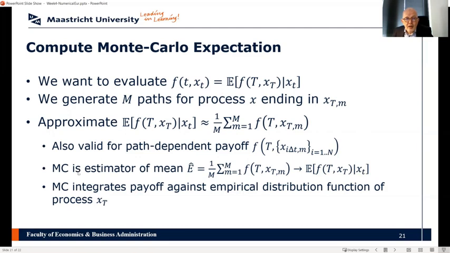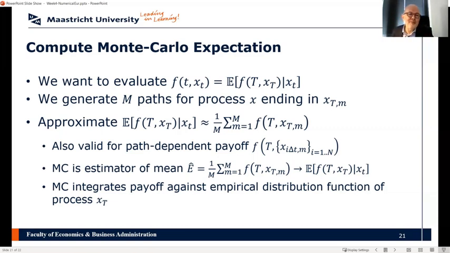So the Monte Carlo value that I compute is an estimator of the mean. The Monte Carlo value is an estimator E hat, where I just take the average of all the payoffs for each path, x_T^m. And if the number of paths goes to infinity, I am converging to this true expectation.